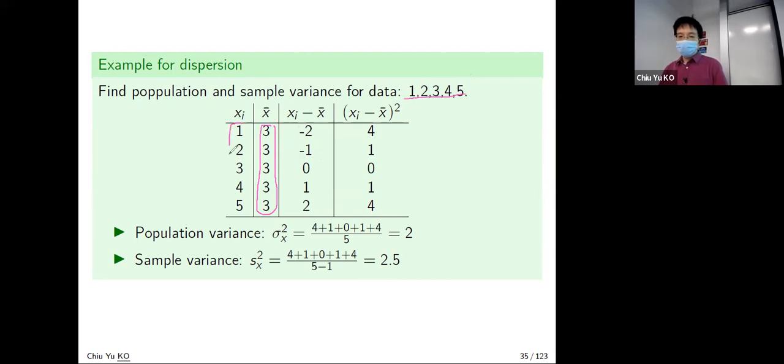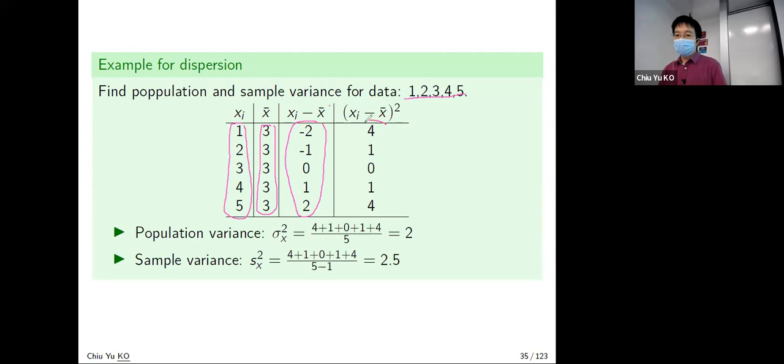For each observation, listed in column 1, the mean is in column 2, and column 3 will be taking each observation minus the mean, right? 1 minus 3 is -2, 2 minus 3 is -1, and so on and so forth, right?